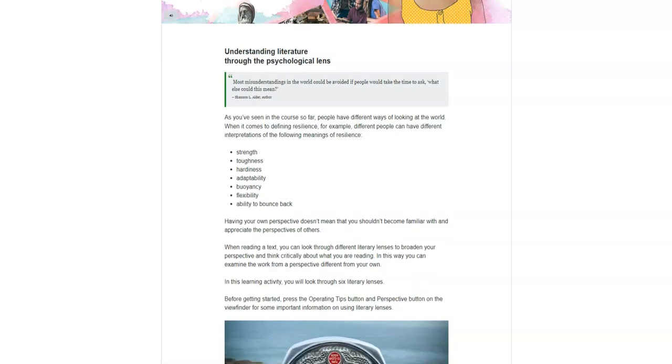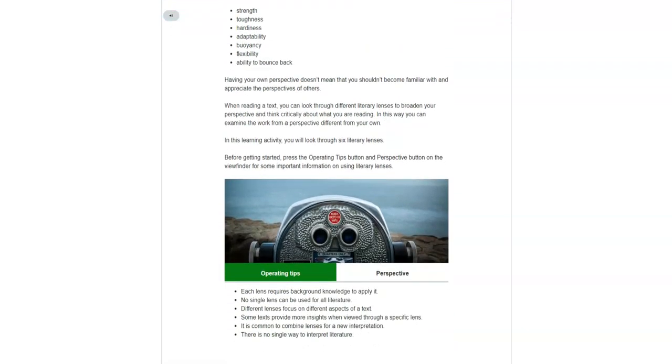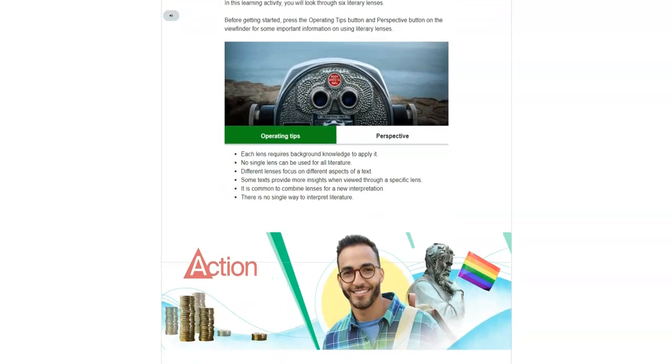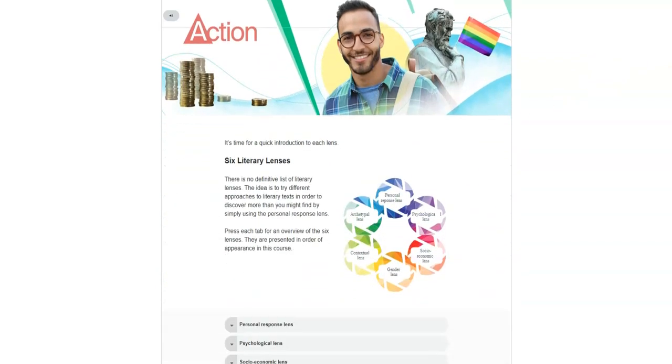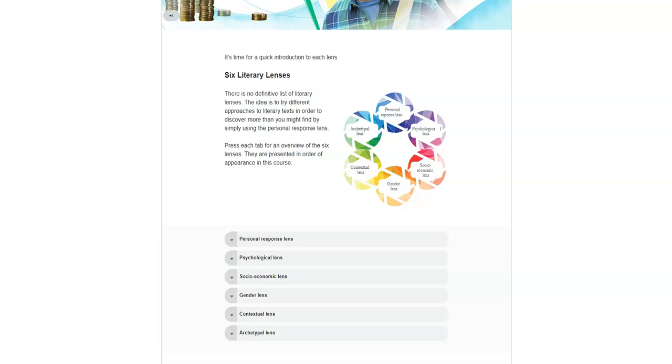As you scroll through here, you'll see lots of information about the idea of lenses or perspective. So we're going to talk today about the 6 literary lenses that this course is going to get you to examine texts from in Unit 2.